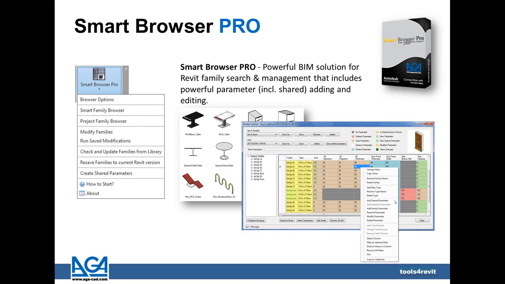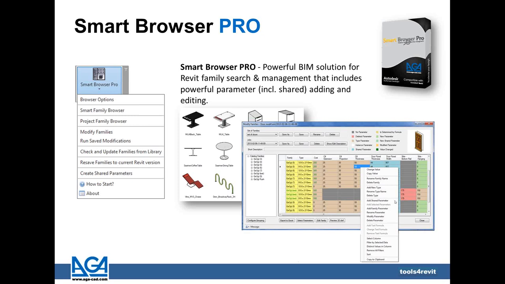Let's say you are not satisfied with parameter values, with parameters. Maybe you would like to add some standards into your content. You would like to add additional, maybe shared parameters, or you would like to change some text formulas. So all those modifications you can do automatically with Smart Browser Pro.